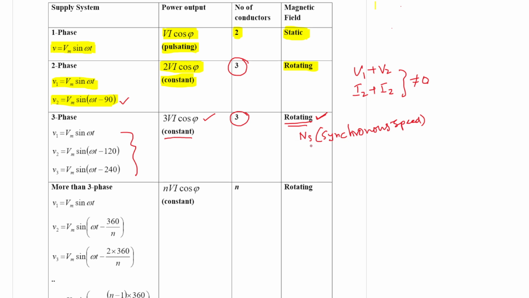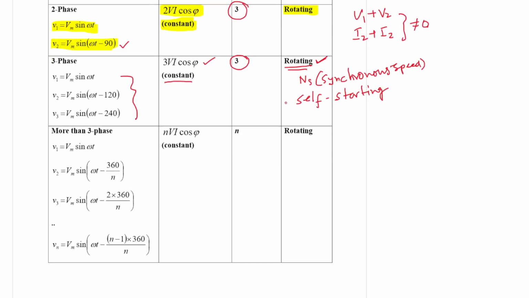Due to this reason, the machineries developed in the field of electrical engineering with three-phase supply are always self-starting. You do not require any external mechanism to start them. They are self-starting because they have a rotating magnetic field.